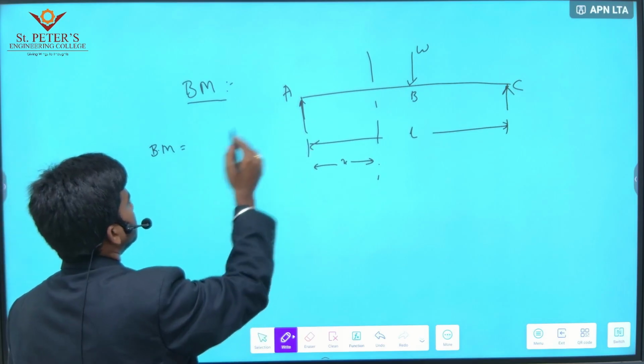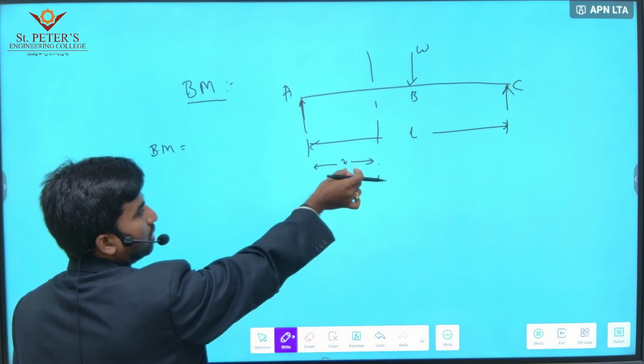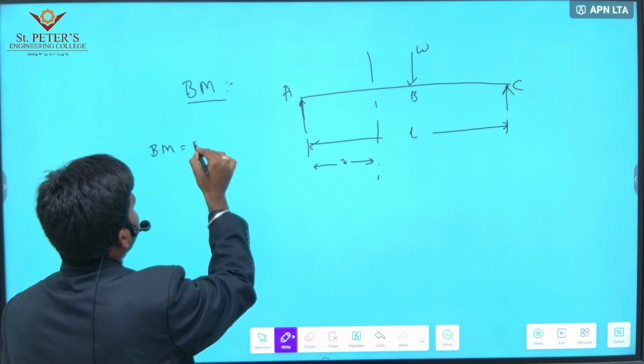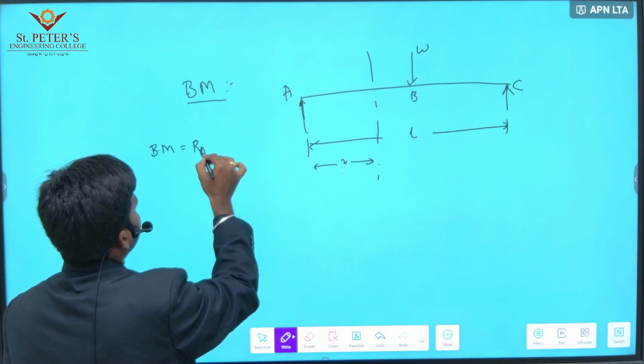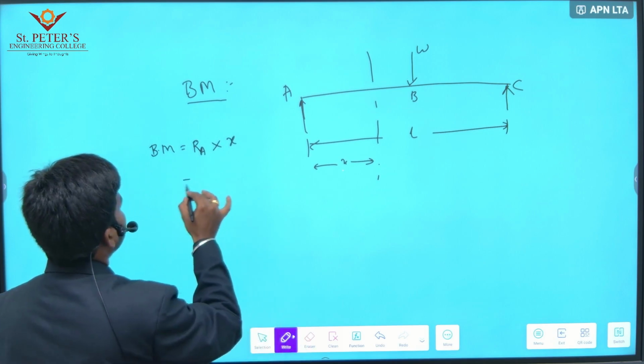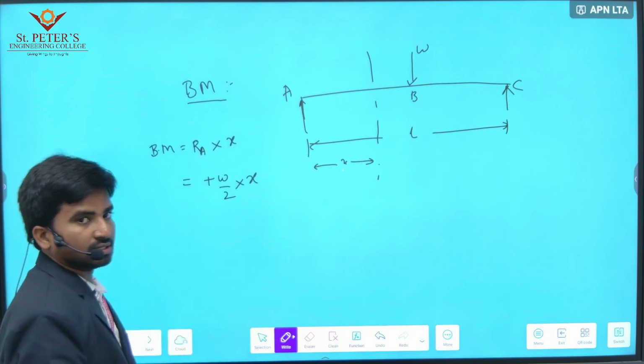Here only one force is there, the upward force RA, into the distance x. The force is W by 2 and the distance is x.